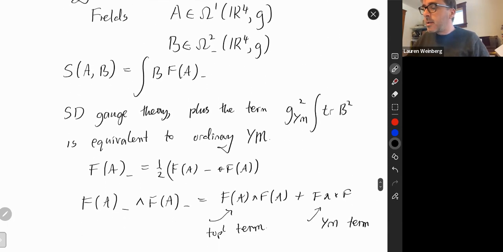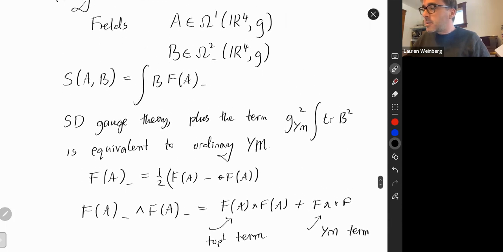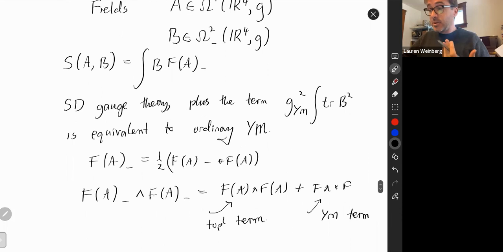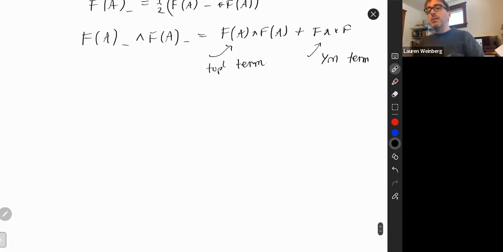I think this indicates why this is an interesting theory. It's a theory that you can deform to get honest QCD. So what does this tell us?